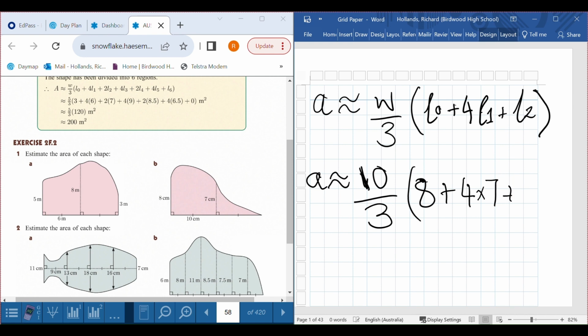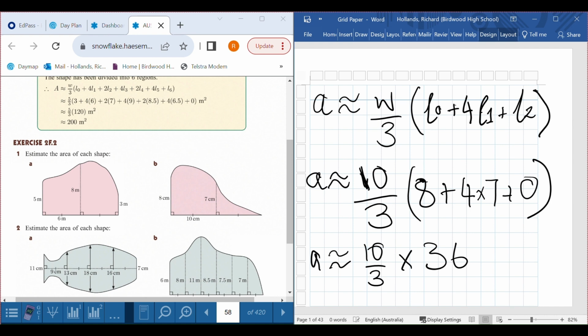Now, this is one of those cases where if there isn't a length at the end there, we just write 0. All right. Whereas in this one, we would write 3, but in this sort of irregular shape, we use 0. So then area approximately equals 10 over 3 times by, then we know 8, and then 4 times 7 equals 28. So 28 plus 8 is 36.